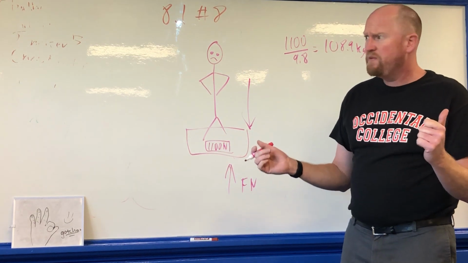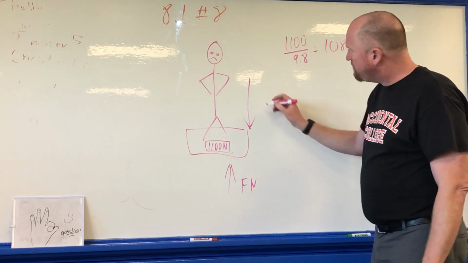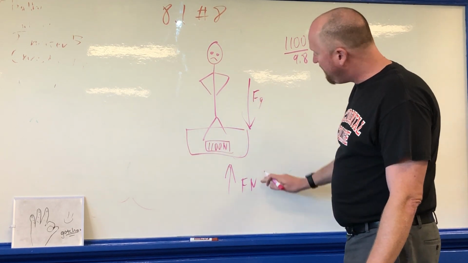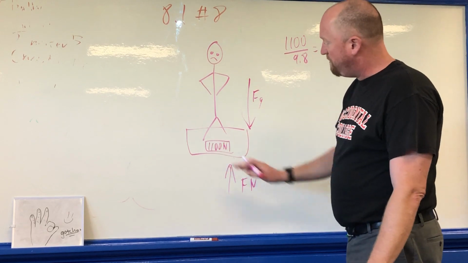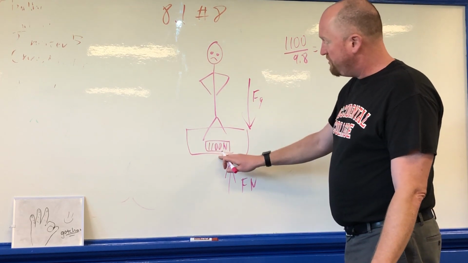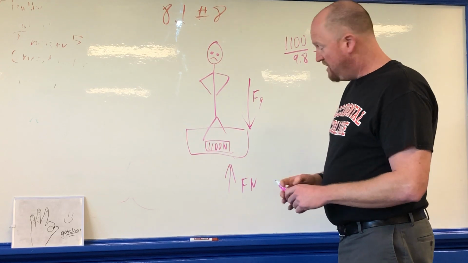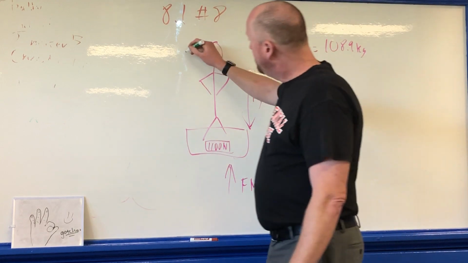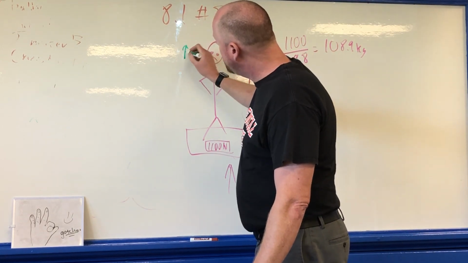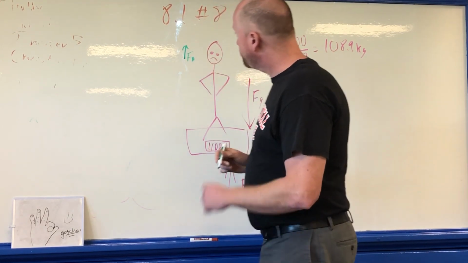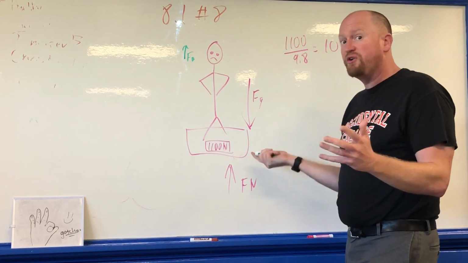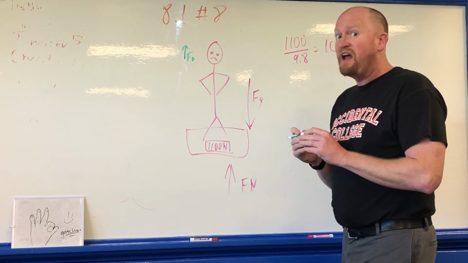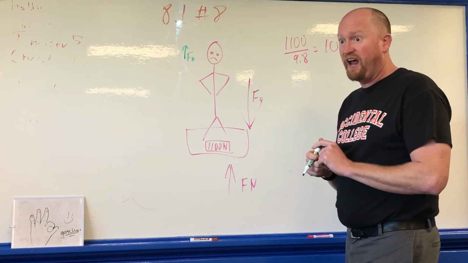But is it? Because, yes, the forces were balanced, but this wasn't everything, because the force of gravity is pushing down, the normal force is pushing up with 1,100 newtons, but there's another force that was in play here, and that was the buoyant force. The buoyant force was pushing up. I'm under an ocean of air, I'm submerged under all this air, so that buoyant force is pushing up, and that is also playing a factor.